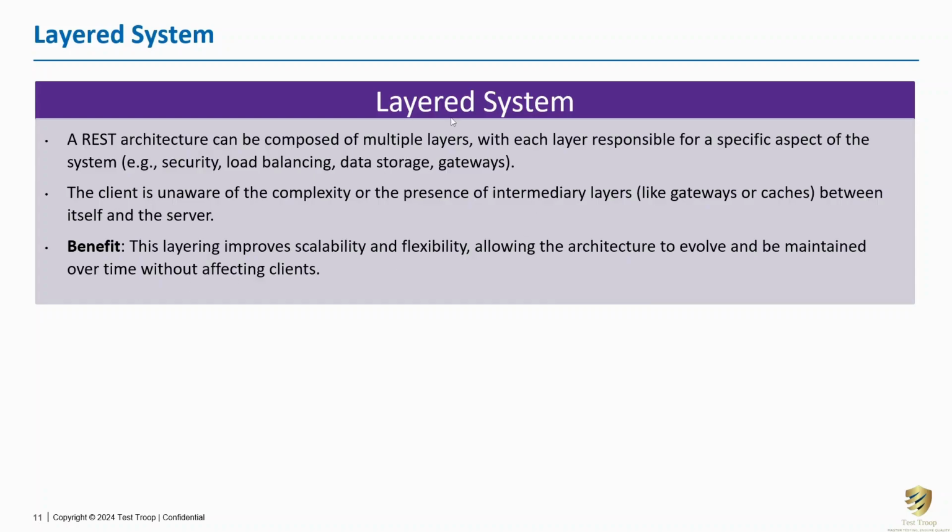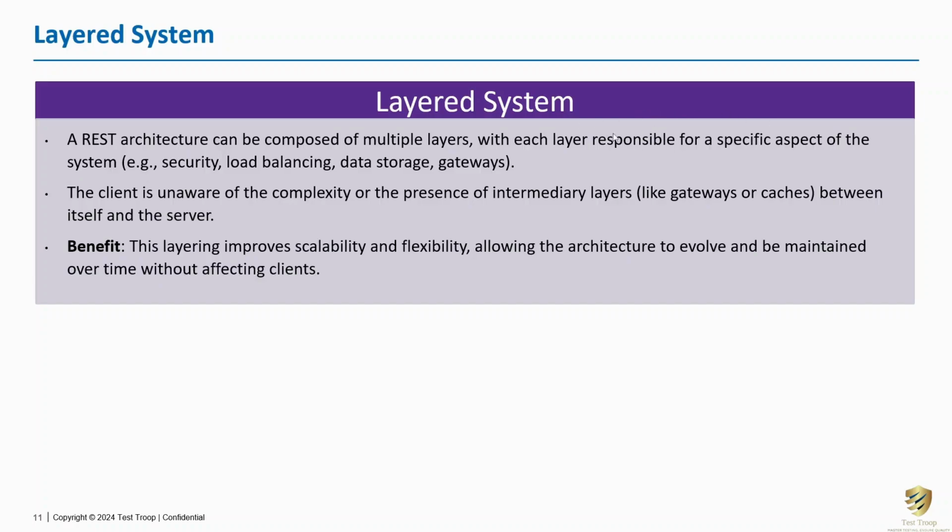The layered architecture or layered system, which is the fifth constraint, says that between the client and server there can be multiple layers or multiple systems which have a dedicated functionality and are able to process the request and pass it from one layer to another until it reaches the server. The REST architecture can be composed of multiple layers, with each layer responsible for specific aspects of the system.